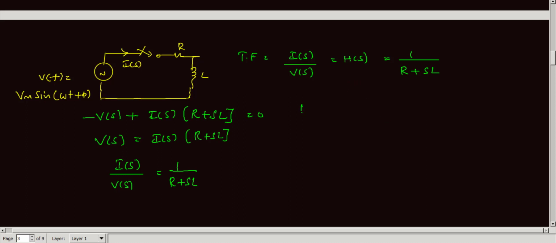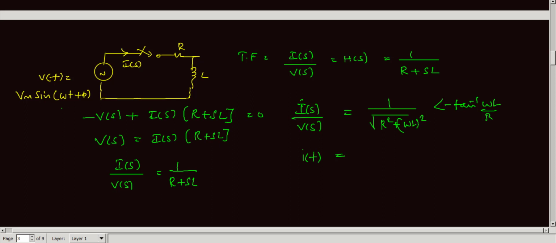So what will I of t be? Let's find the magnitude. You are very familiar with how to find the steady state. The magnitude is 1 by root of R square plus omega L whole square, at angle minus tan inverse of omega L by R. Now what is I of t?